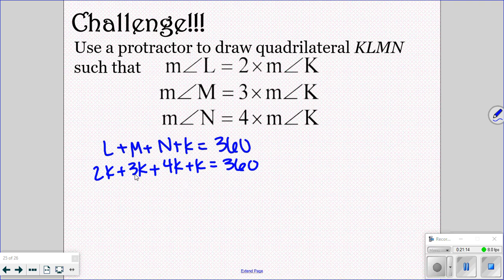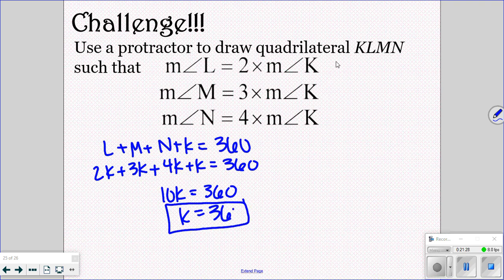And then 2 plus 3 plus 4 plus 1 is 10K. So if you divide by 10, K would be 36 degrees. And then if K is 36, L would be 72. And M is 108. And N is 144. So that would be your 4.